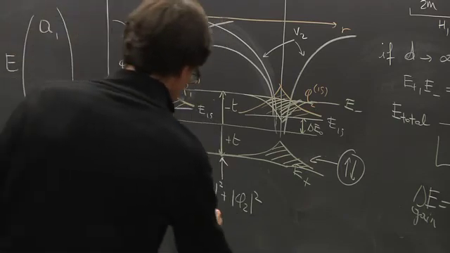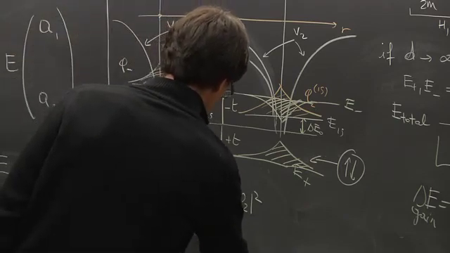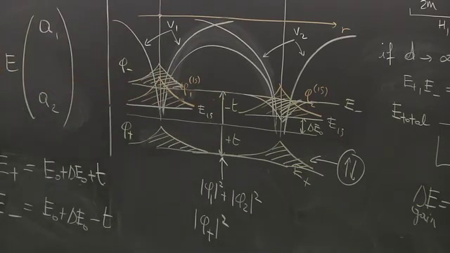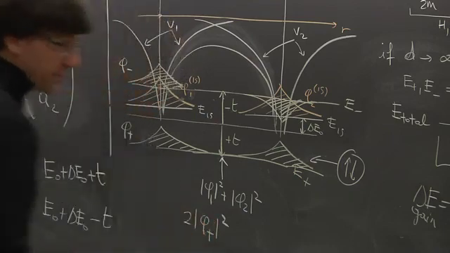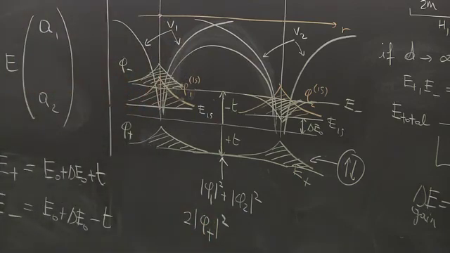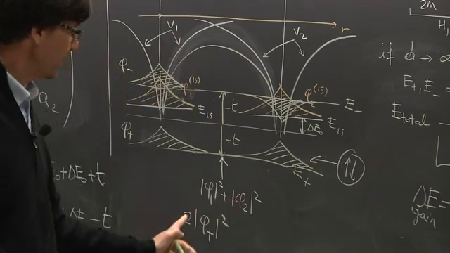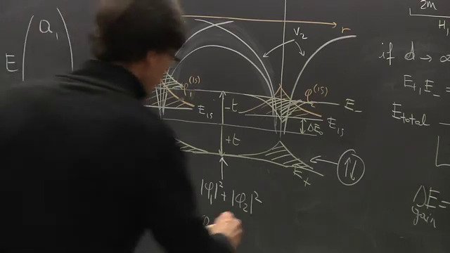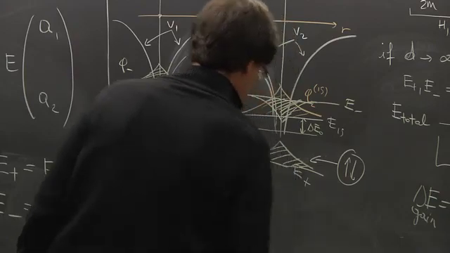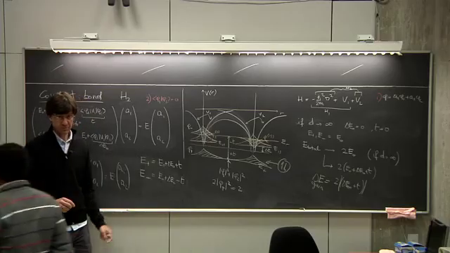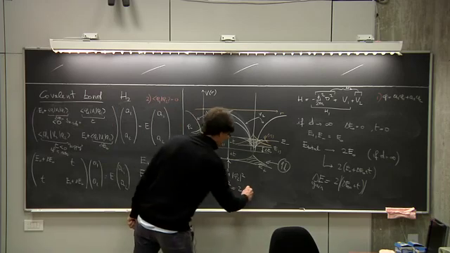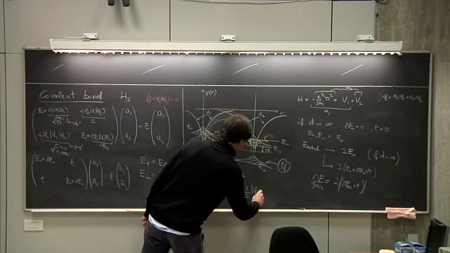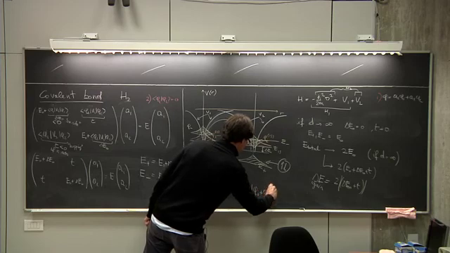Phi plus is what? I have to take phi plus squared, and I have to multiply times 2, because I have 2 electrons in that state. Here I have 1 electron here and 1 electron here. Now both electrons are in phi plus. And phi plus is 1 over square root 2, phi 1 plus phi 2. So this is 1 over 2, phi 1 plus phi 2 squared.